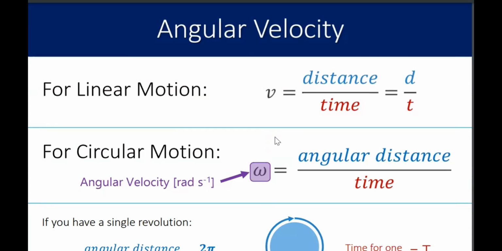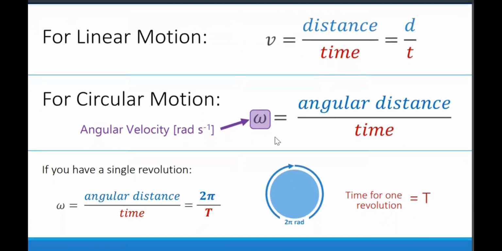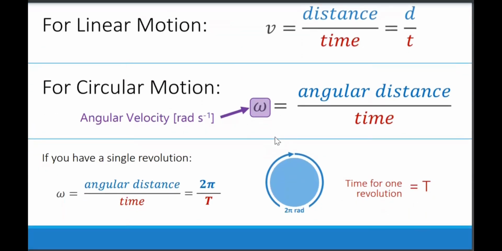Then we look at a term called angular velocity. In our previous lesson on linear motion, we looked at linear velocity, which is v. Now in circular motion, angular velocity is represented by the omega sign, which is that unique w from our Greek symbols. It's the angular distance that's traveled over the time it takes to travel that distance.